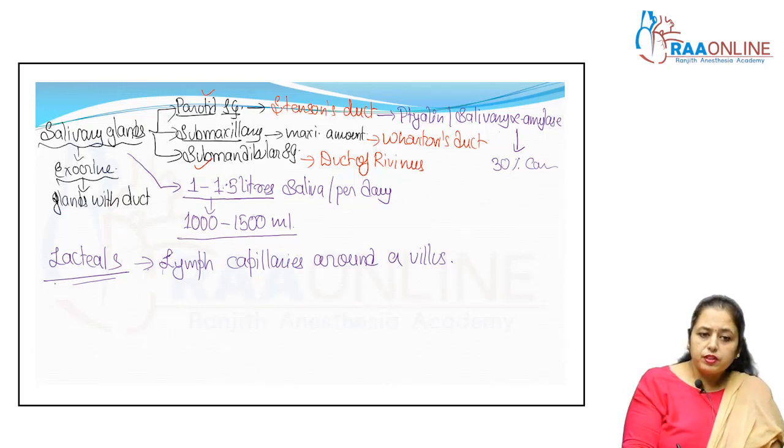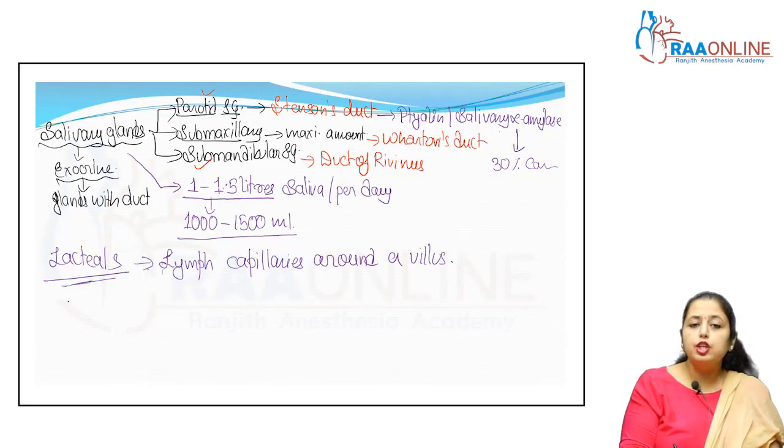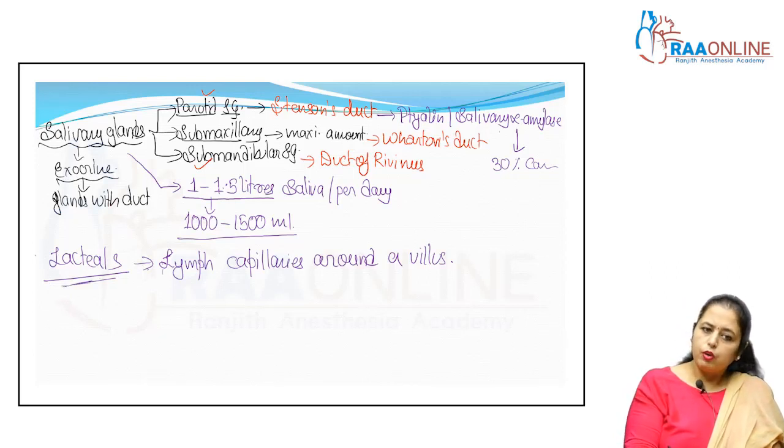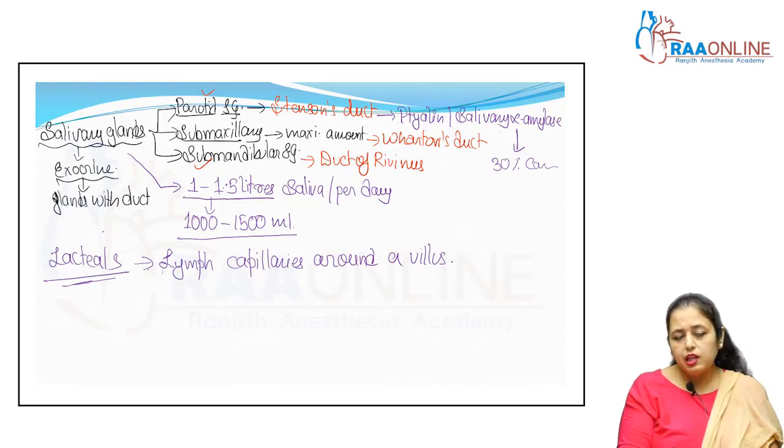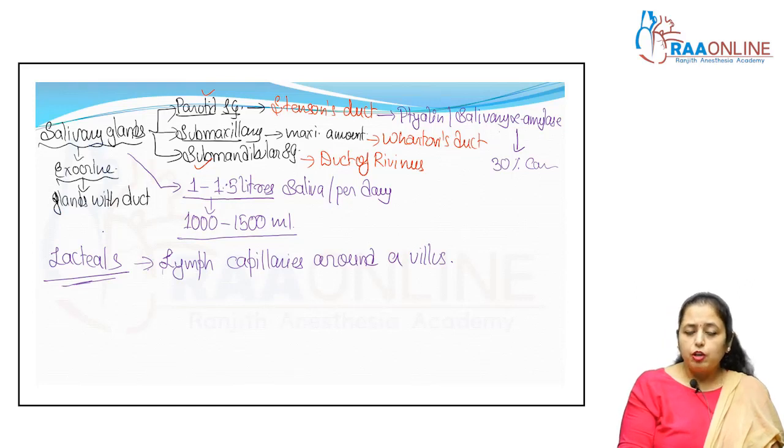So after that absorption, the nutrients go through the portal vein and enter the liver, where detoxification occurs, and the separation of the newly absorbed nutrients occurs.